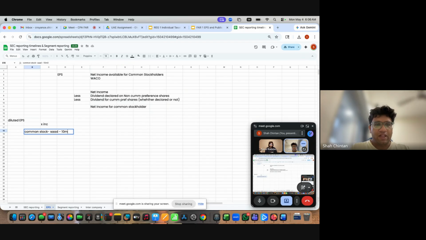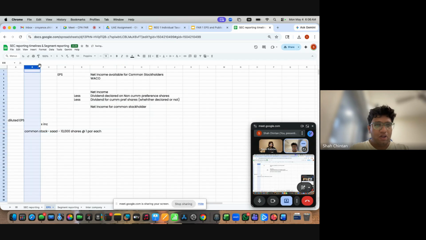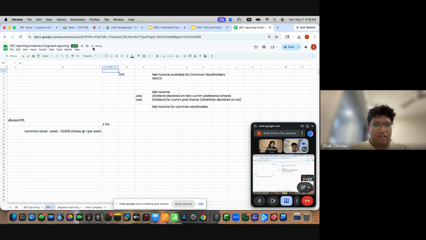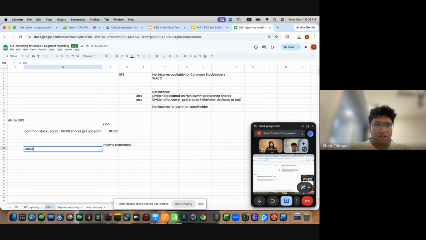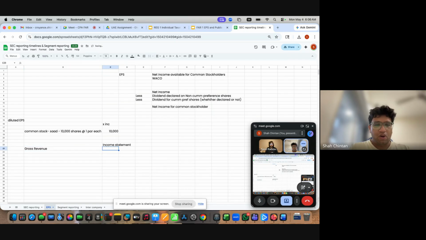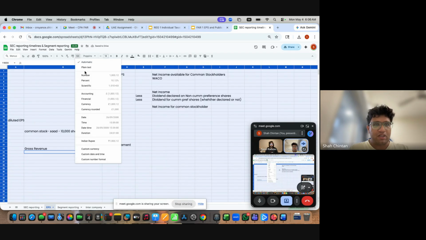You have 10,000 shares at $1 par each, so you have a total common stock in that company of $10,000. Now let's say X Corporation has the following income statement. The company has gross revenue of $50,000. Just put in number formats.